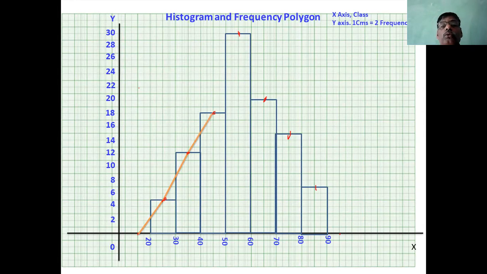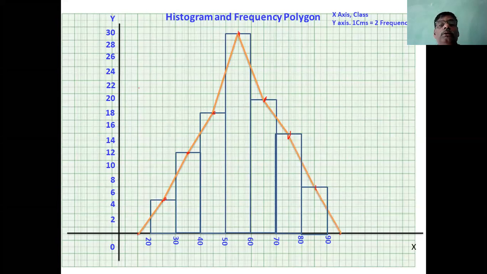Third, you join with the help of a straight line, not freehand. Next, next, next, last. Like this you have to join. Joining this is called the frequency polygon.